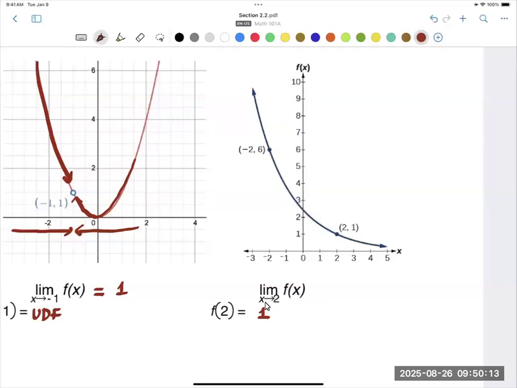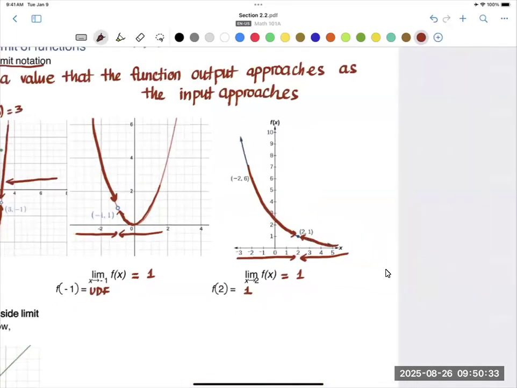Now for the limit as x approaches 2, we look at x approaching 2 on the left side, where the y value approaches 1, and on the right side, where the y value is also approaching 1. So this is 1. The limit is about approaching.